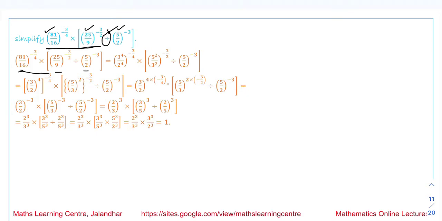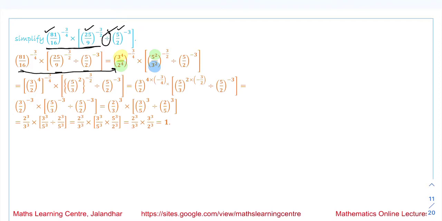So 81 by 16 can be written as 3 raised to the power 4, and 16 can be written as 2 raised to the power 4. 25 can be written as 5 square, and 9 can be written as 3 square.